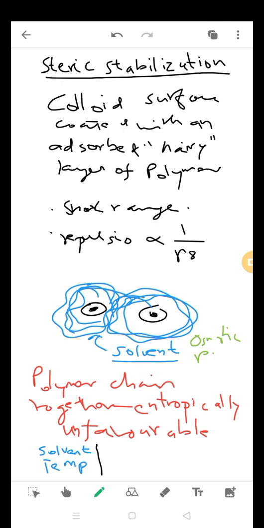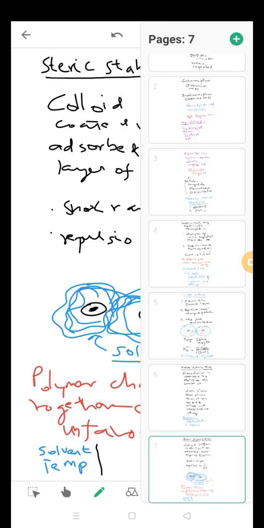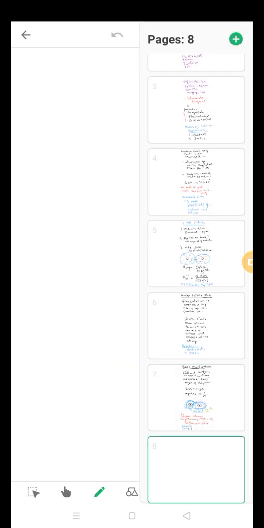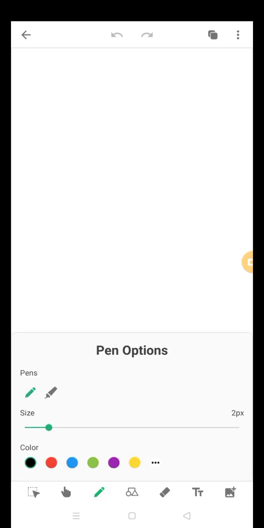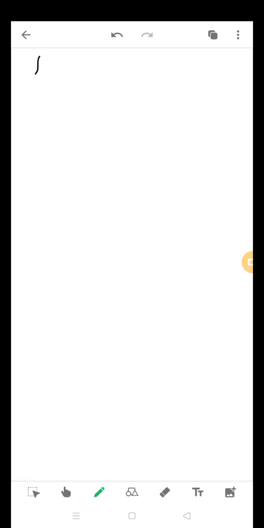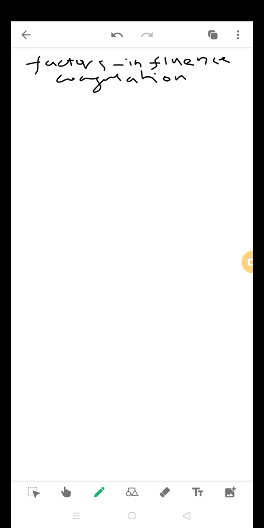Now, there are certain factors which can influence the flocculation or coagulation. The first one is temperature, that is heating.